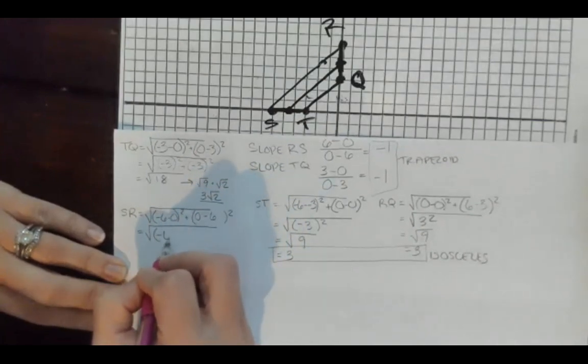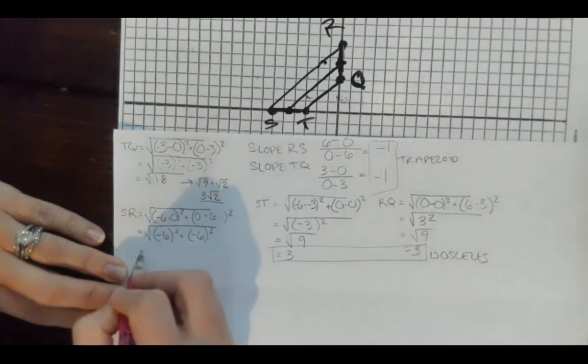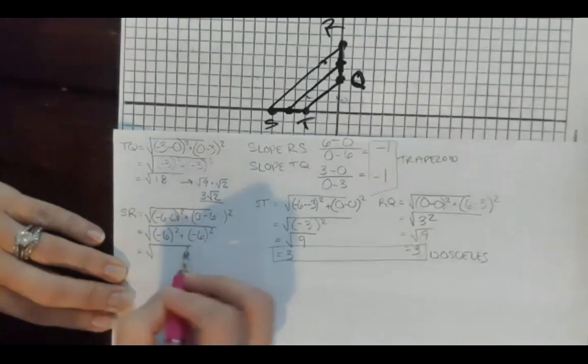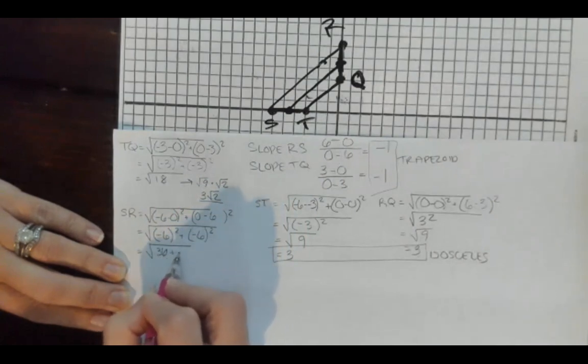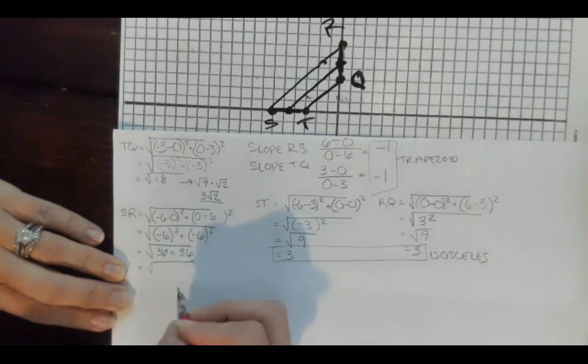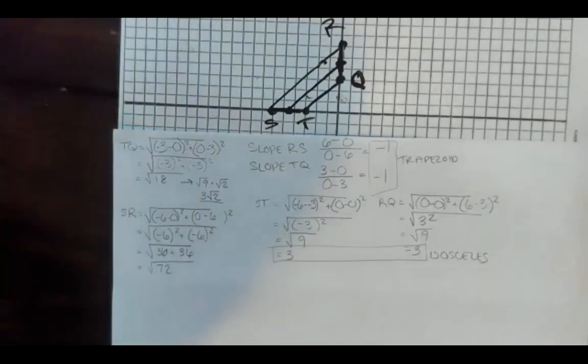This is going to give us negative 6 squared plus negative 6 squared, which is going to be the square root of 36 plus 36, which is what? The square root of 72.